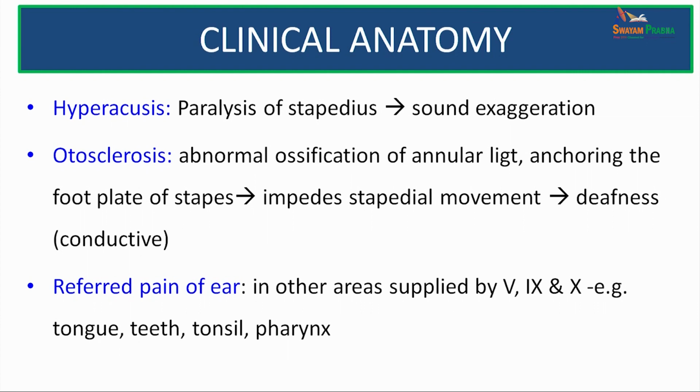It is to be noted that the middle ear cavity is compact and has multiple functions. It helps to equalize the air pressure on either side of the tympanic membrane by its communication to the nasopharynx through the eustachian tube or auditory tube.